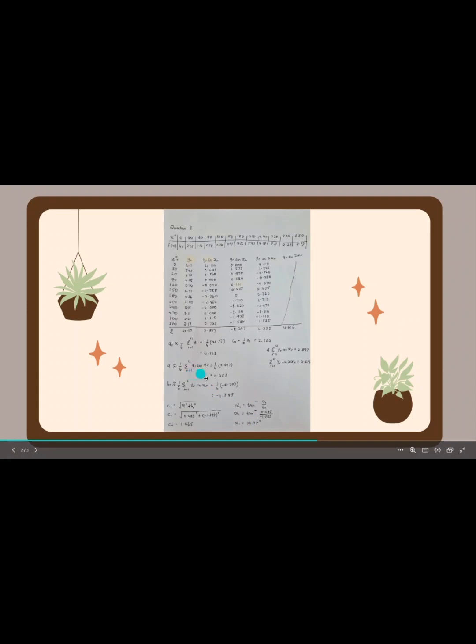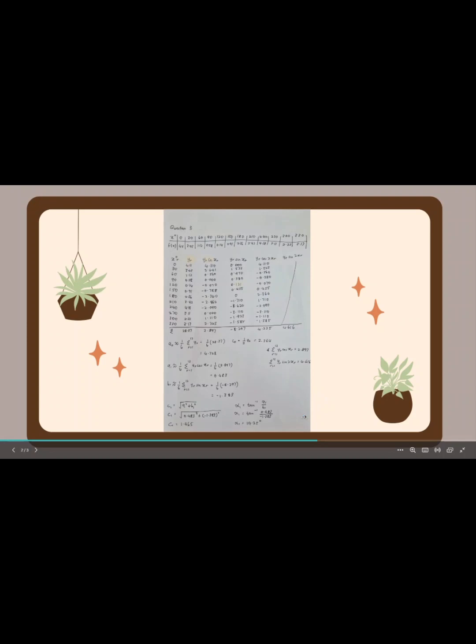So the summation gives the value 0.483. Then for B1, y sin xr, negative 1 over 6 times negative 8.297, so we get negative 1.383.